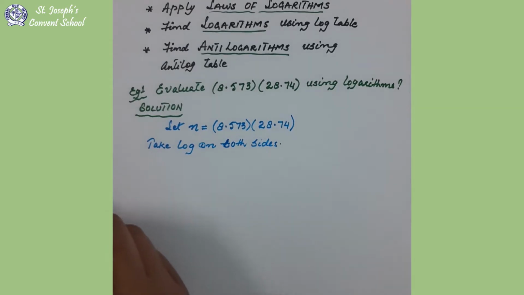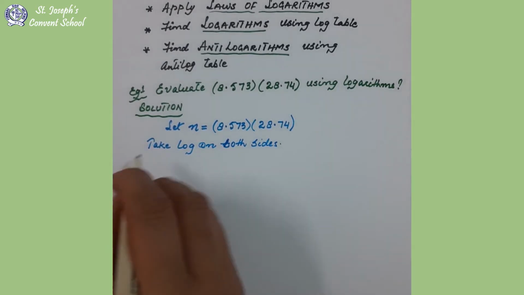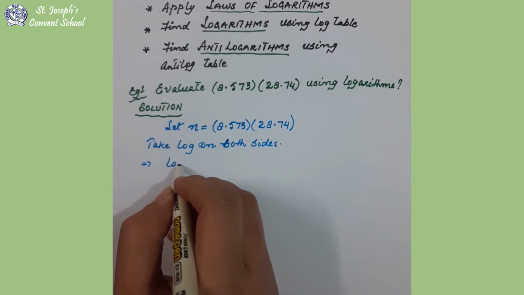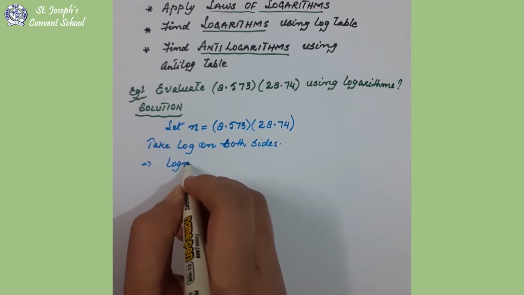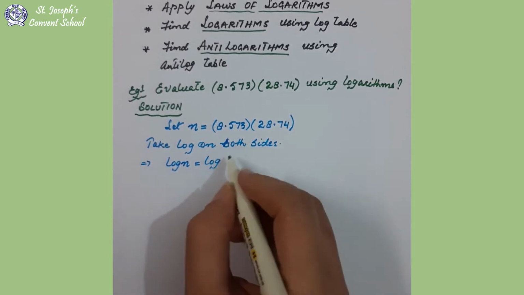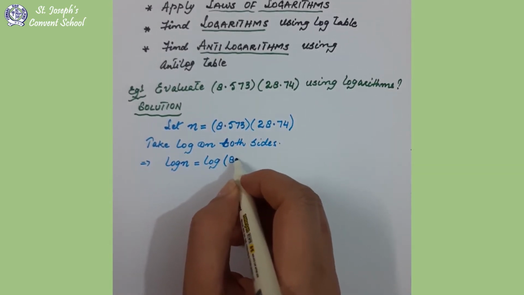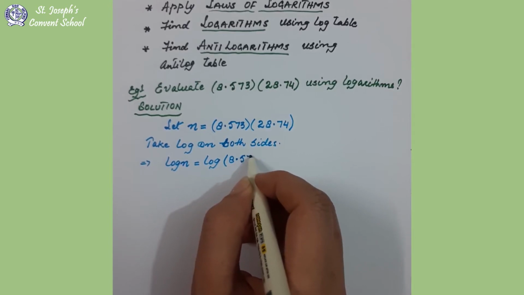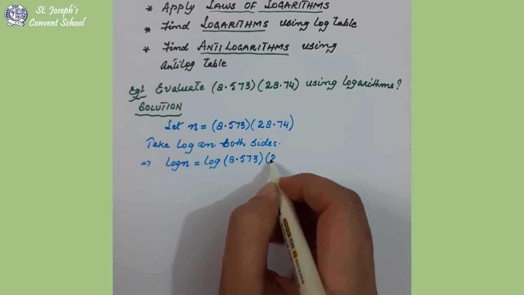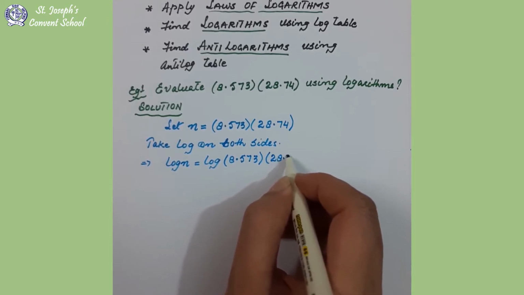After taking log, you will write this like this: log n equals log of the question, 8.573, and the second bracket is 28.74.